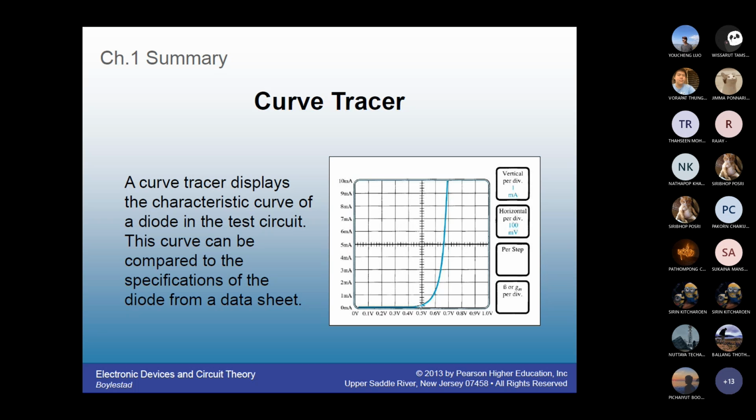Nothing happens until about 0.6 volt, and then at 0.7 volt there is a lot of current. You can say this is a silicon diode being put on the curve tracer. So you can look at the curve on the curve tracer and compare the values shown with the data sheet. If it is okay, then the device is okay. If it's not, you might have some malfunction.